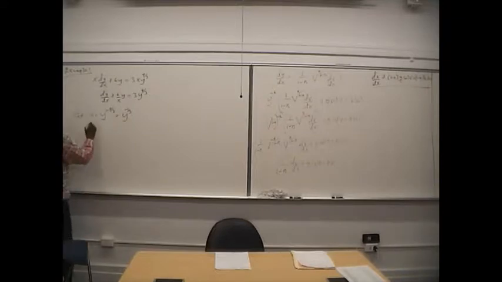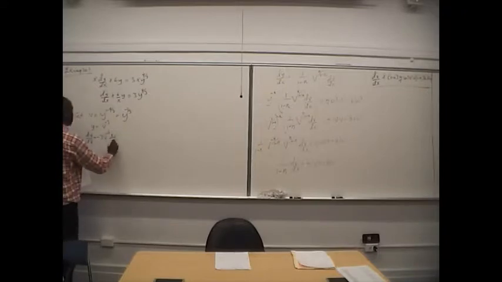And so my y is v^(-3). So we'll go through the process. dy/dx is -3v^(-4) dv/dx.